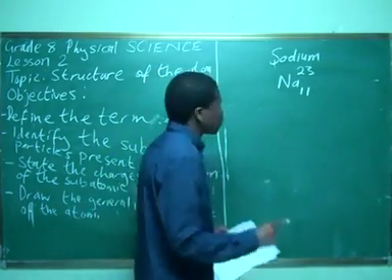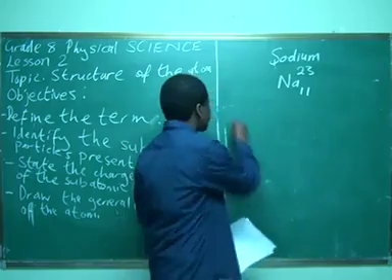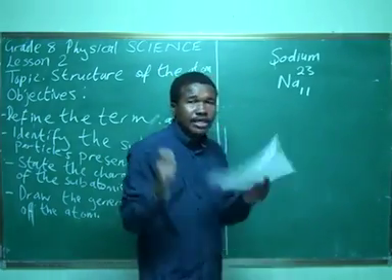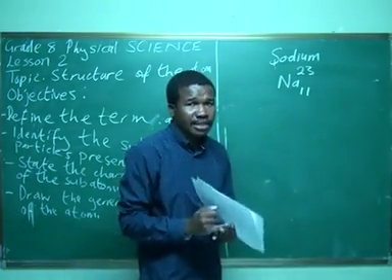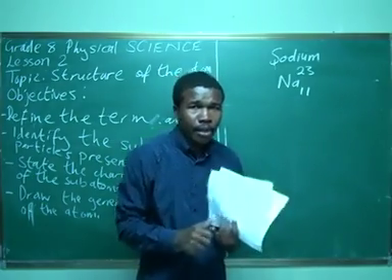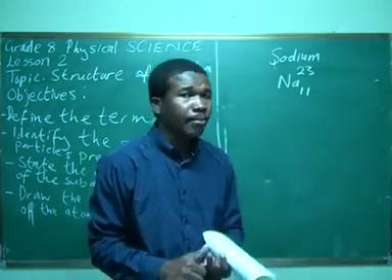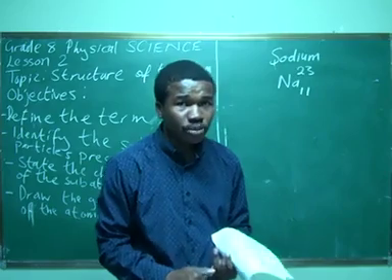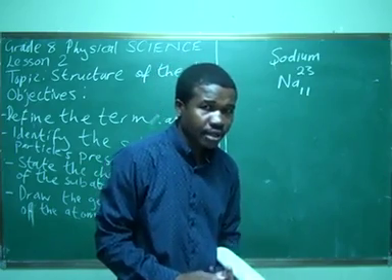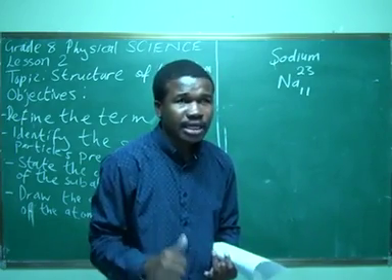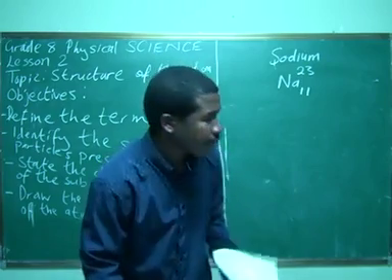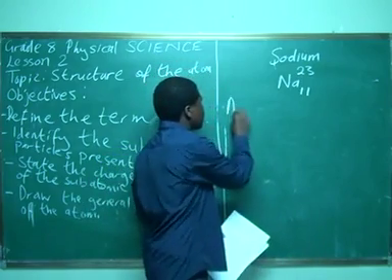We have something known as the atomic number and the mass number. The atomic number is sometimes also known as the proton number.